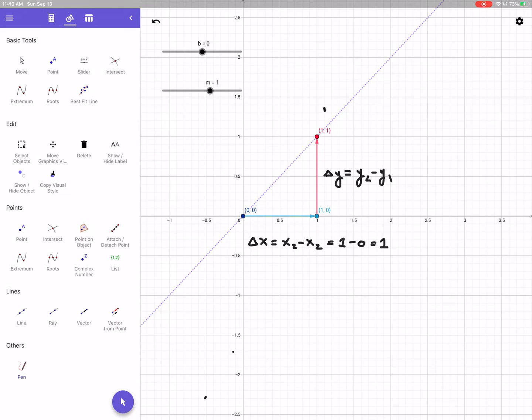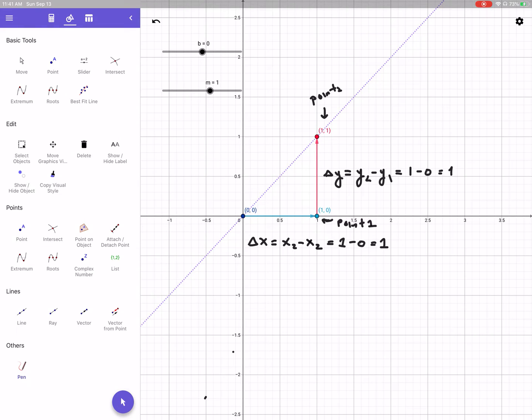So I'm going to call this point the second point, point 2, and I'll call this one down here point 1. So now we only look at the y values, the vertical values, the outputs. And that is clearly in the second one, 1, and in the first one, it's 0.